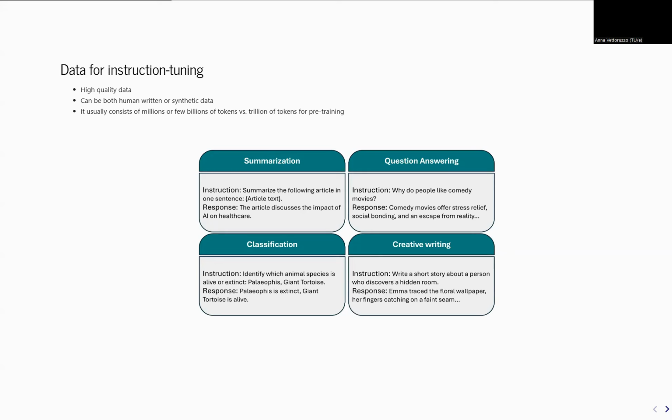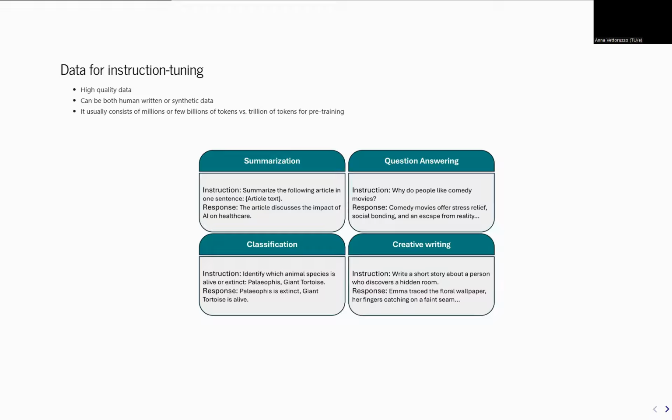So as you can see here, we can have data from different tasks, such as summarization, question answering, classification, or creative writing. And this depends a lot on how you want to fine-tune your model. So if you want a model that is very good at answering your questions, you will have to prepare or collect some post-training data that looks exactly how you would like your model to answer you. For instance, you might have an instruction that says, why do people like comedy movies?